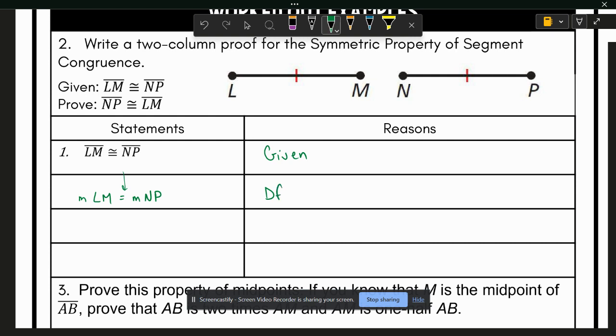That's going to be the definition of congruence, or the definition of congruent segments, whichever one you want to put. And if you notice, I'm going to skip clear down to this very last one, because our last step is always going to be our proof.